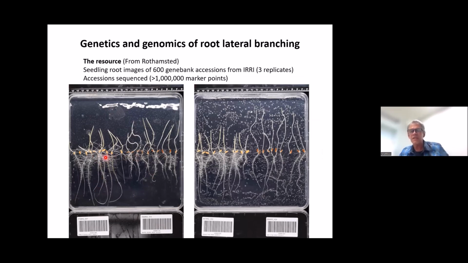And we have images of 600 of these rice gene bank accessions, all fully sequenced. So it's a very unique resource that will allow us to identify traits for different root traits. And you see that there are clear differences in terms of the maximum length, the branching density, the root to shoot ratio, and many other traits.